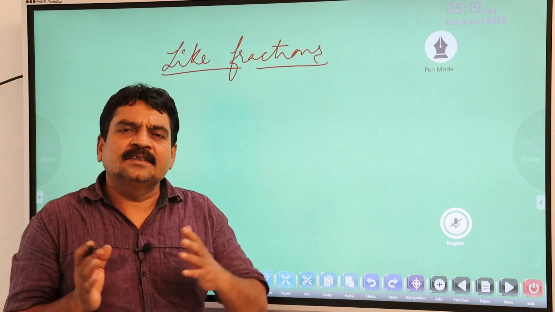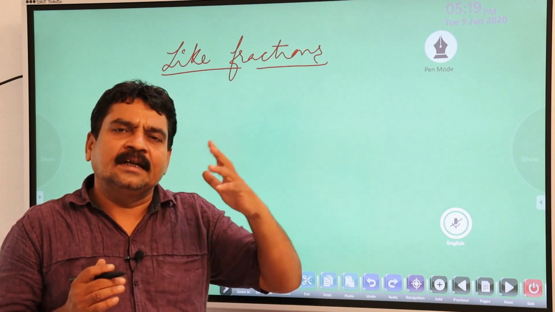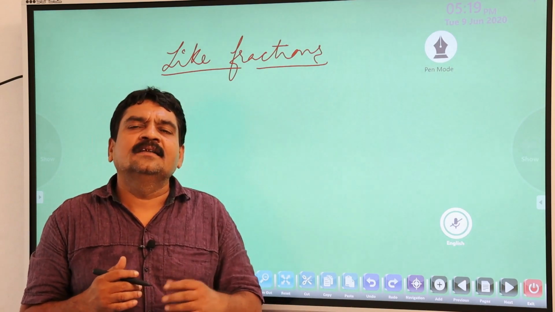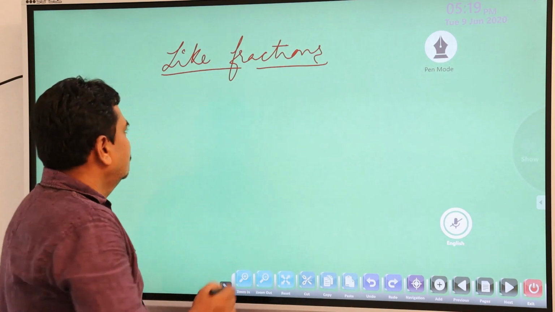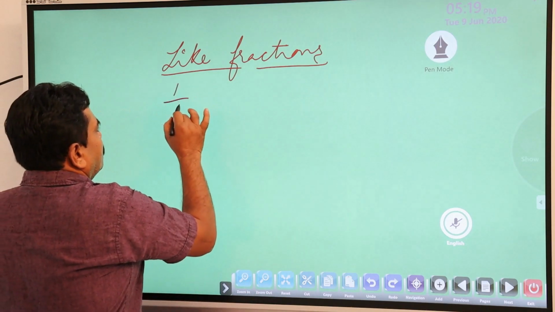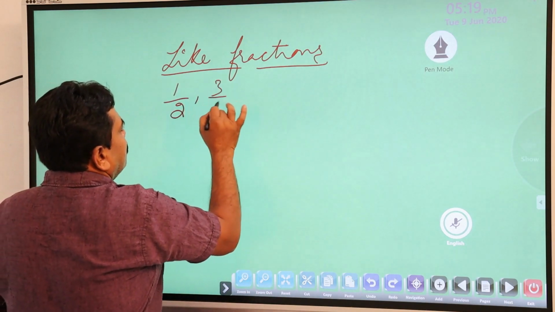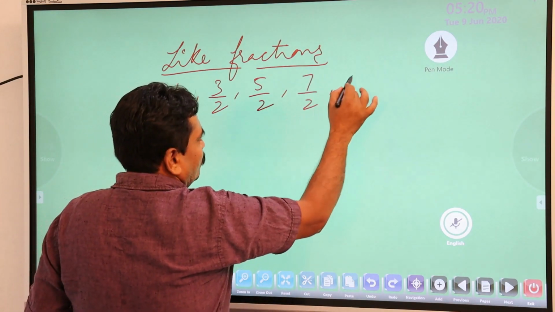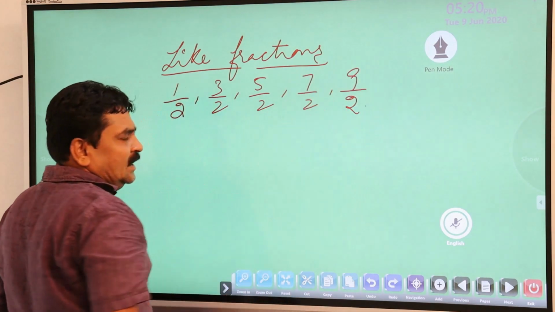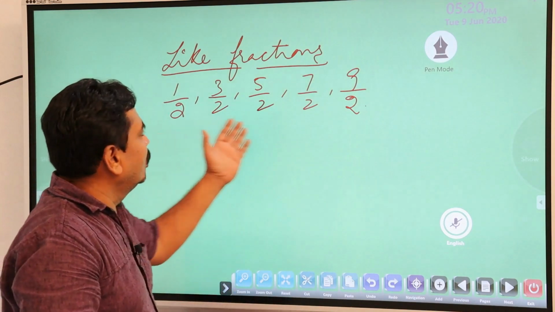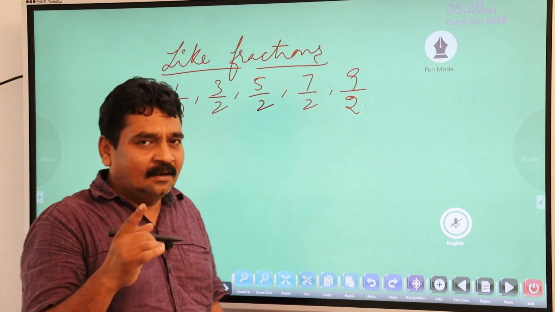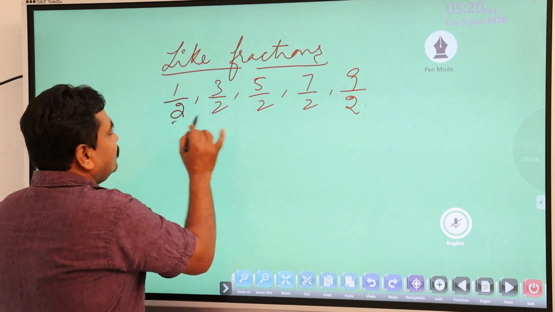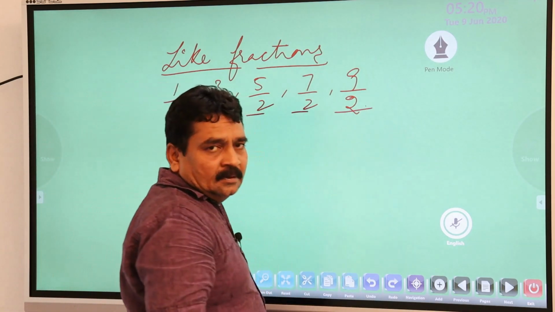The fractions which have the same or similar denominators, you call like fractions. Suppose 1 by 2, 3 by 2, 5 by 2, 7 by 2, 9 by 2. These you call like fractions when the denominators are the same.